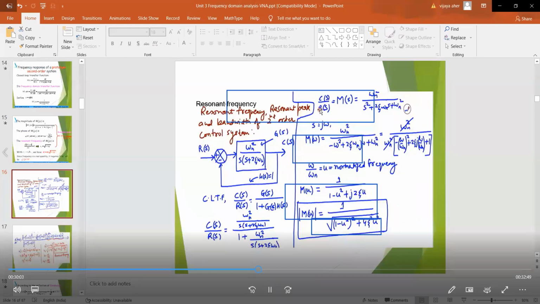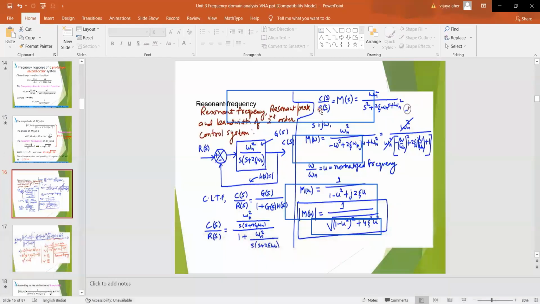So C(S) divided by R(S), we cancel omega n square. So this is nothing but M(S) is equal to omega n square divided by S square plus 2 zeta omega n S plus omega n square.